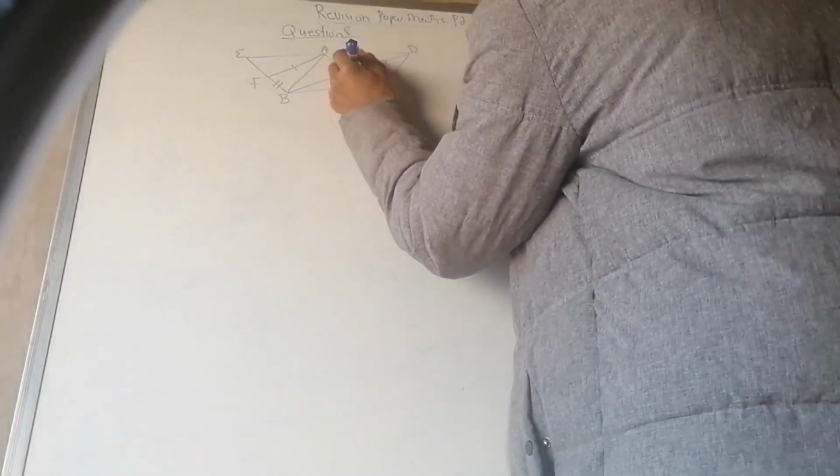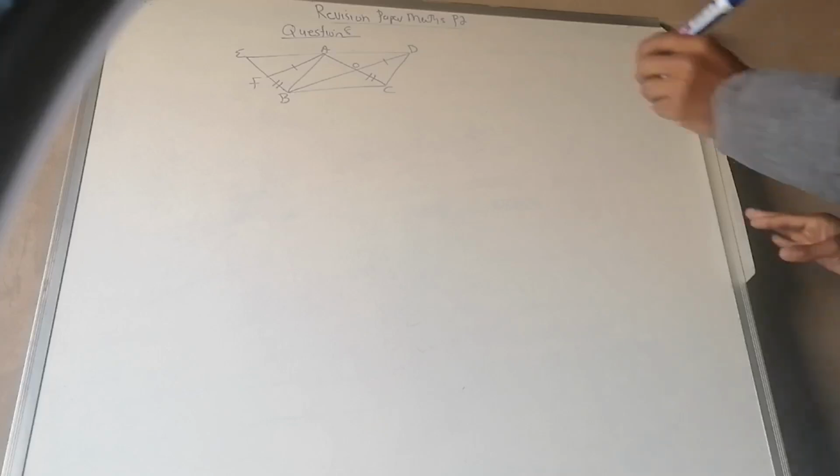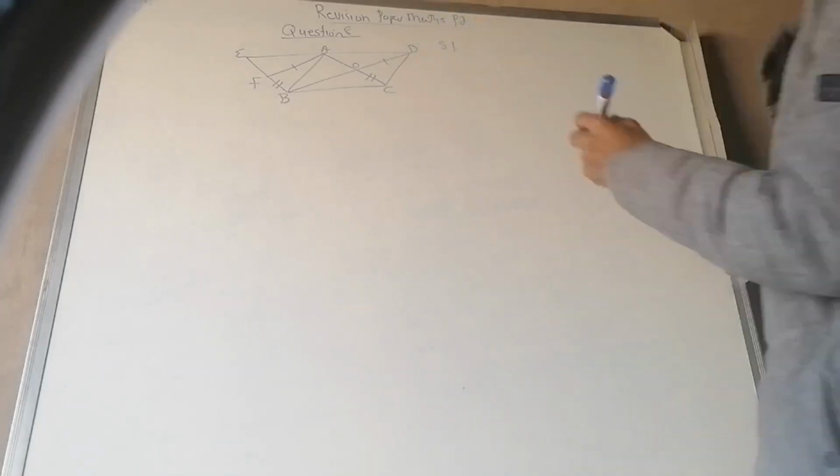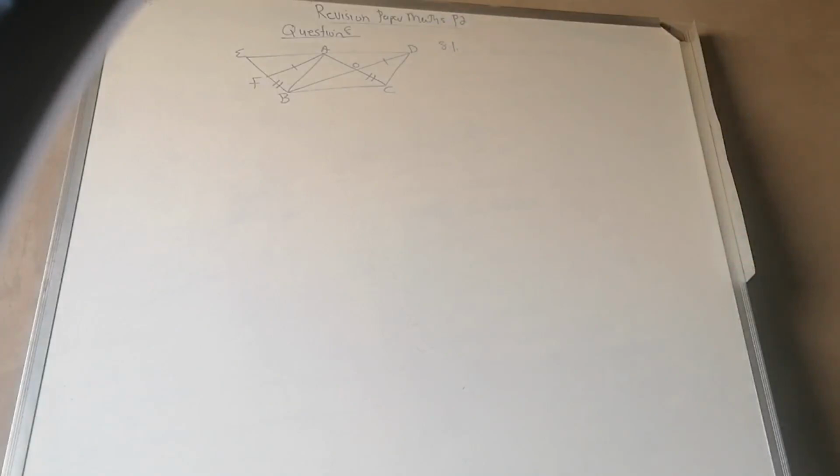And this is O. Then what does the question require? Prove that BOAF is a parallelogram.